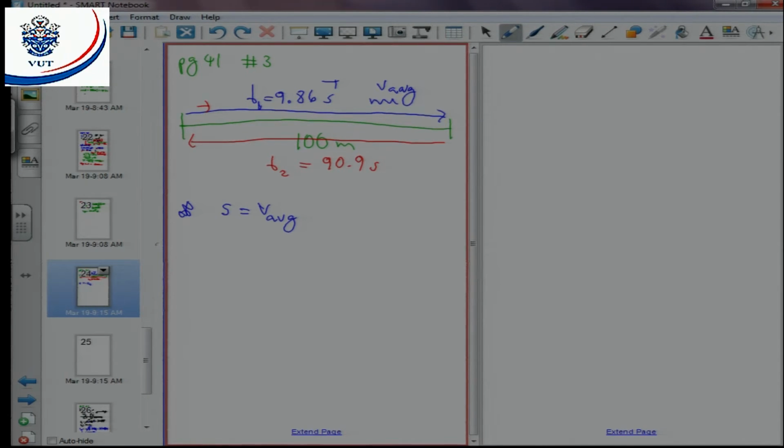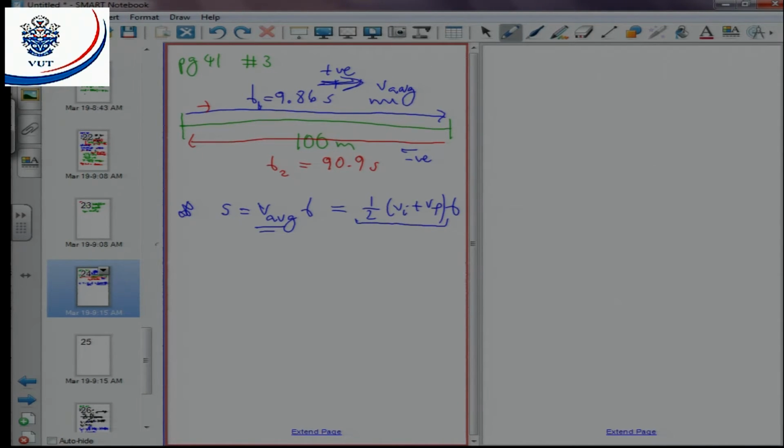So average times T. If you're not happy with this, just think of this as 1/2 Vi plus Vf times T. So 1/2 Vi and Vf is my average speed. So even though the racer will be accelerating, we don't worry about that. We just want the average speed, which is given by this equation of motion. So for this, I'm going to choose positive to be for the run. That means going back, I have a negative.